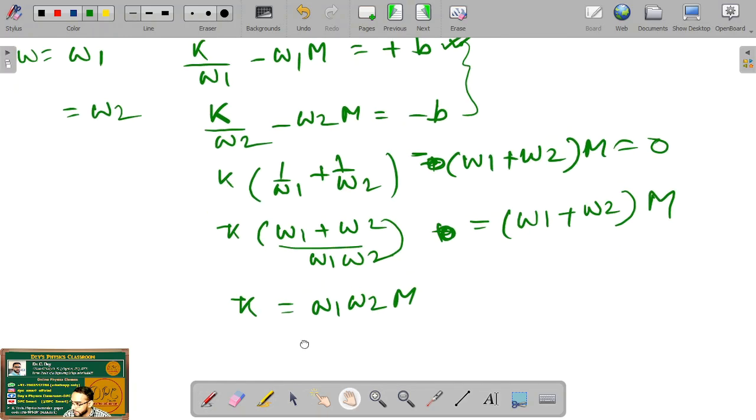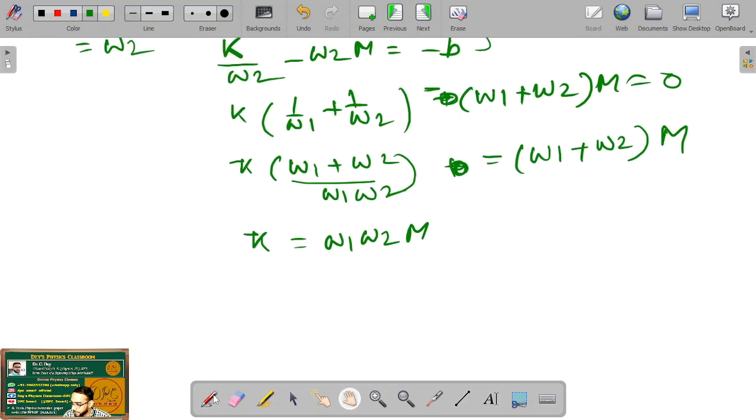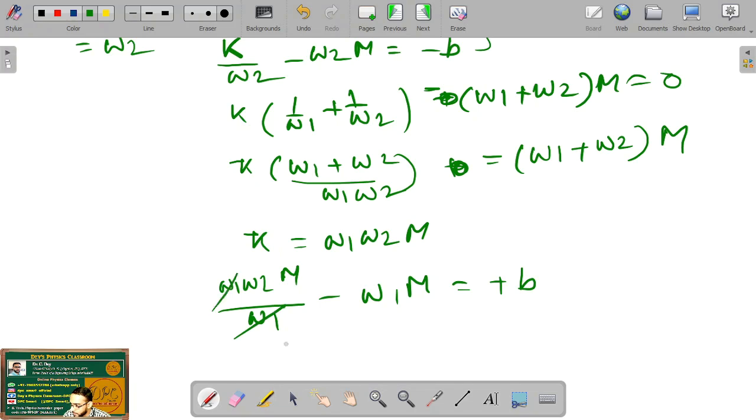Let us put the value of k here. So we get k by omega 1 minus omega 1 m, that means omega 1 omega 2 m by omega 1 minus omega 1 m, would be plus B. Omega 1 cancels out, and omega 2 minus omega 1 becomes equal to B by m.